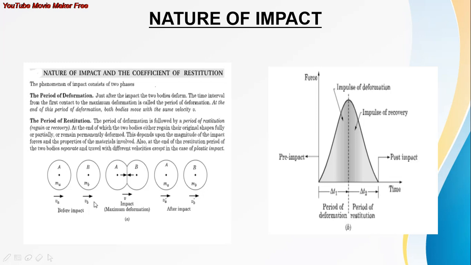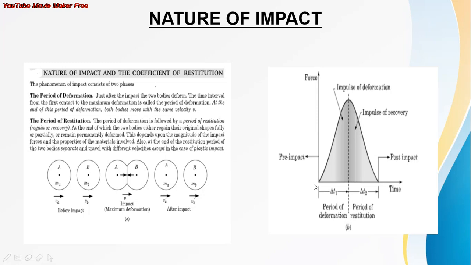Now, when the bodies actually collide, at that time deformation starts happening in these two bodies, and this deformation happens until maximum deformation occurs, and after the maximum deformation these bodies depart from each other, and they attain Va dash and Vb dash velocity. This state is known as the period of restitution, and this state is known as the period of deformation.